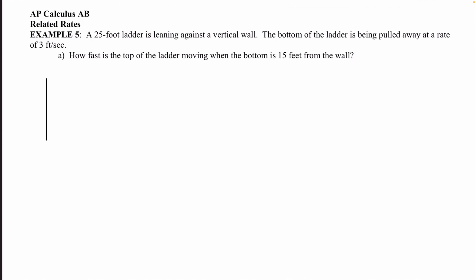They talk about the ground, right? The bottom is pulled away along the ground. Walls always meet with the ground. And then the ladder. The only way for ladders to work is if they are diagonal.